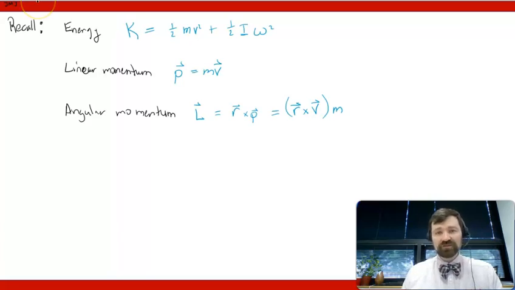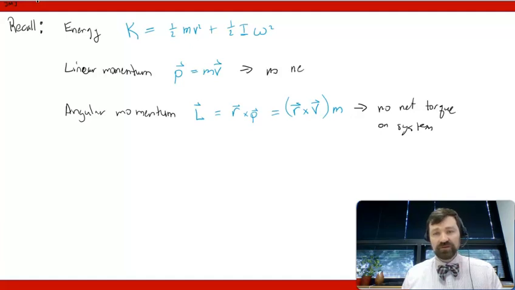The relevant conservation law for angular momentum is no net torque on the system. For linear momentum, no net force on the system. And by saying no net, we mean no net external torque or force for these to be conserved.